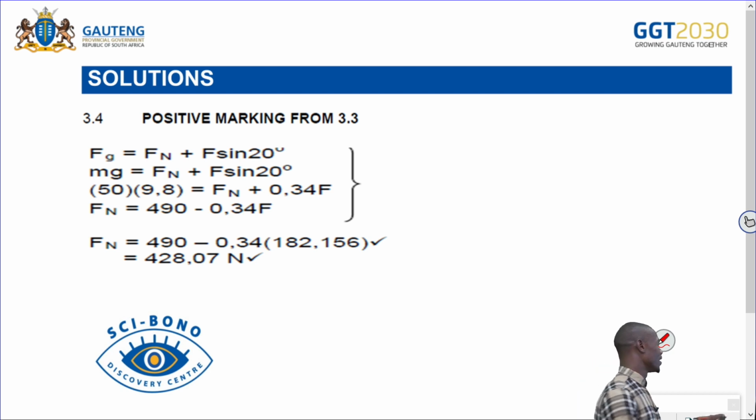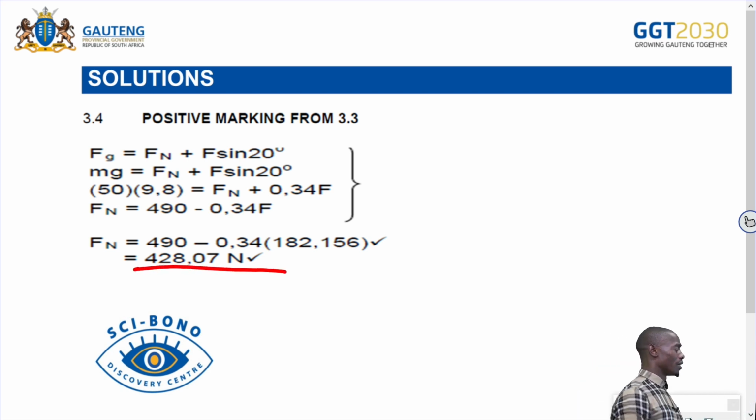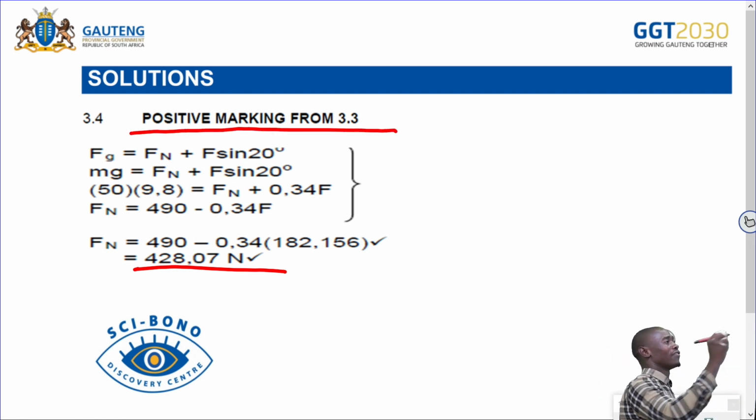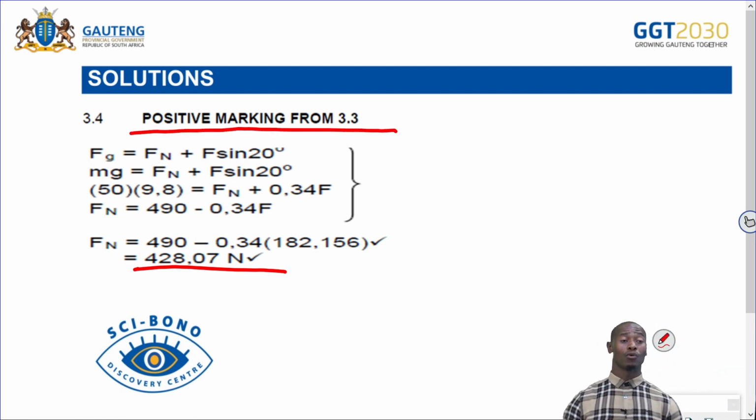What they got here is 428.07 newtons. You can see here they're saying positive marking from the previous question. So continue with that answer, then we'll get all the marks here. Yes, we'll lose the marks for the previous question, but for this question you must get all the marks because you've used the answer that you got before.